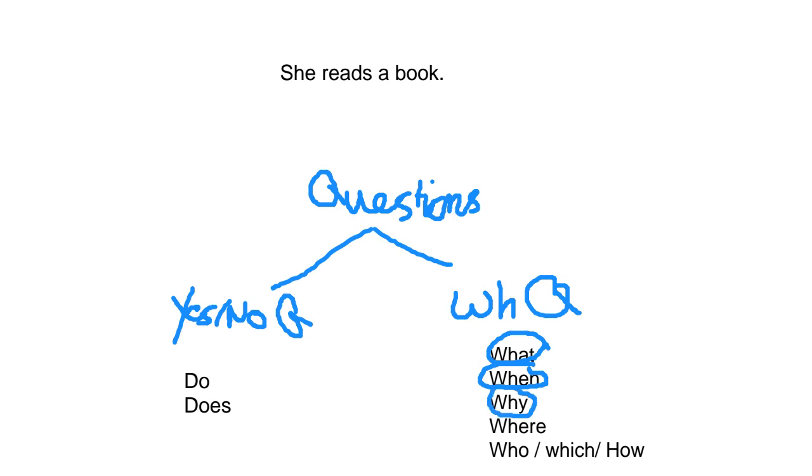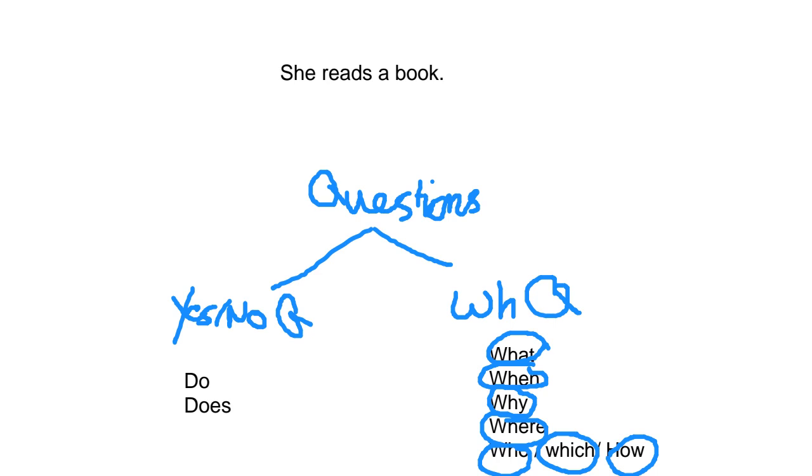Where is used to ask about place. Who is used to ask about person. And which is about choice. How is about manner, the way something is done.